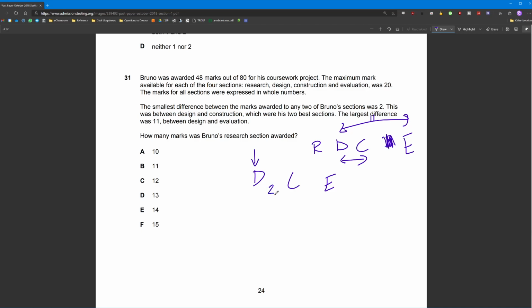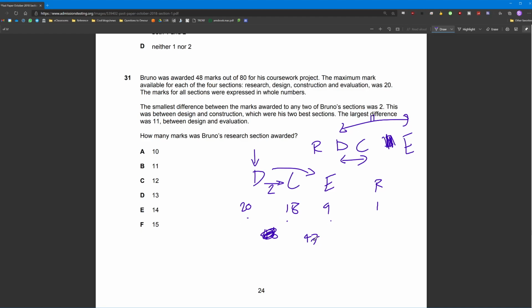If D is bigger than C by 2, and D is a maximum mark of 20, C is a mark of 18, and E is a mark of 9, as suggested by the fact that E is 11 less than D, then he is already at a mark of 38 plus 9 is 47, and so his research mark would be 1. This is clearly not correct.